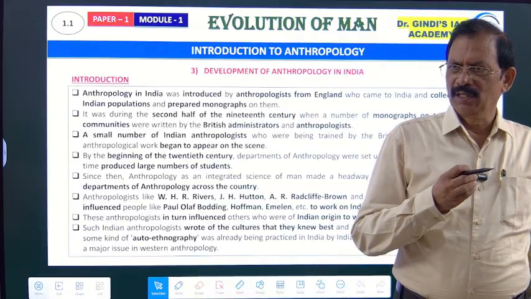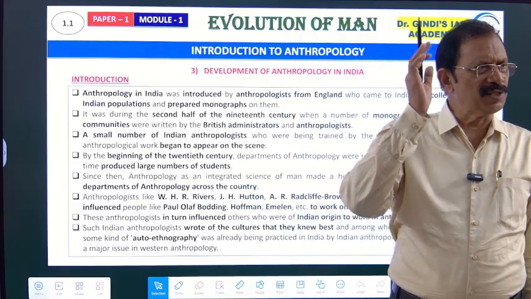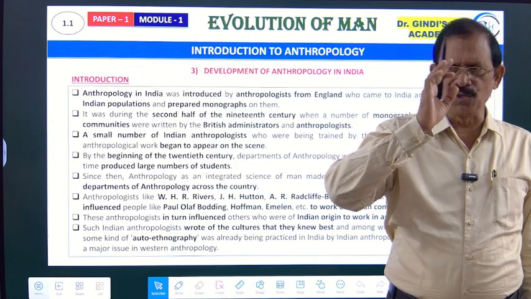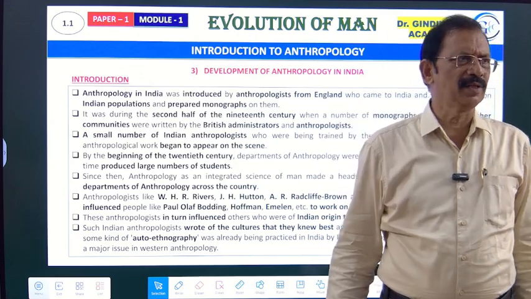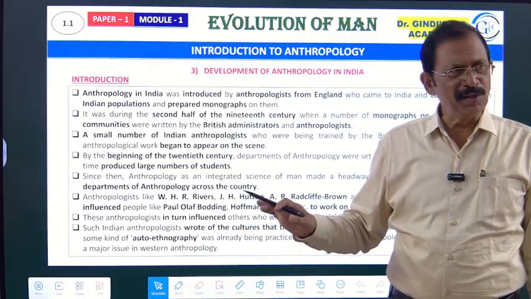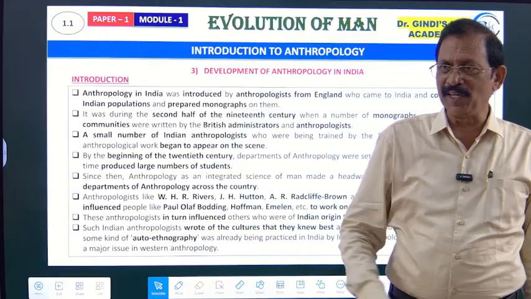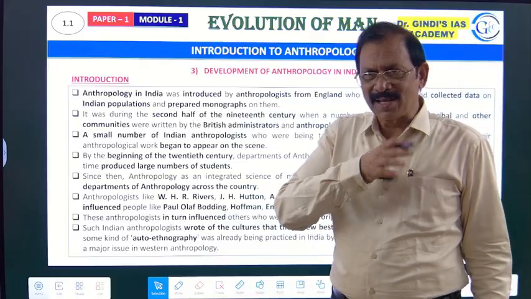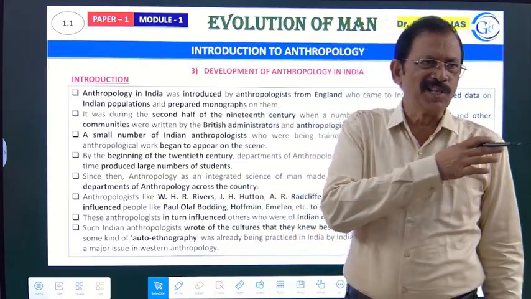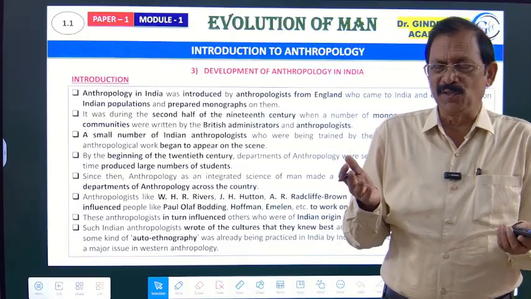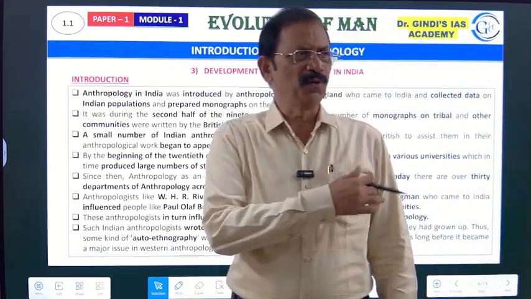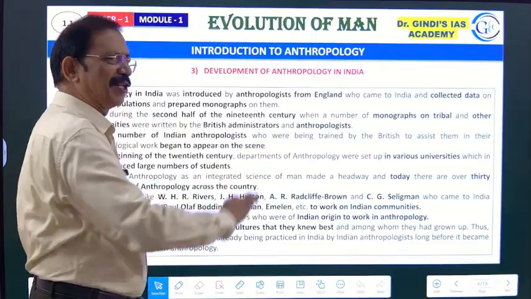At least you should know about the development of anthropology, because you are supposed to know about the entire world, but confined to India as a UPSC aspirant, you should know how this subject has been introduced, how this subject has been developed in various universities in the country. So now we are going to discuss the development of anthropology.